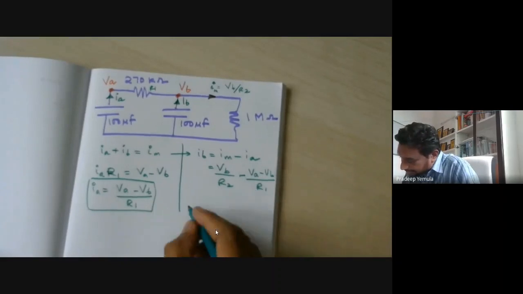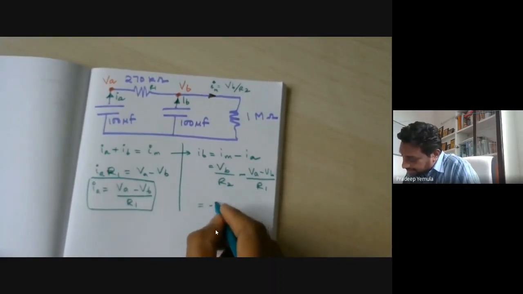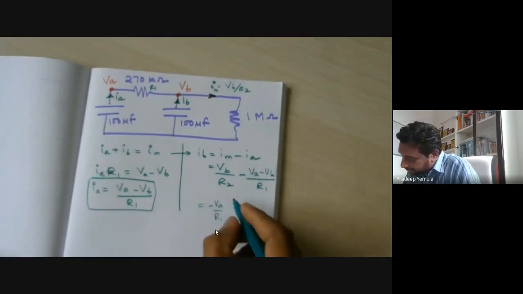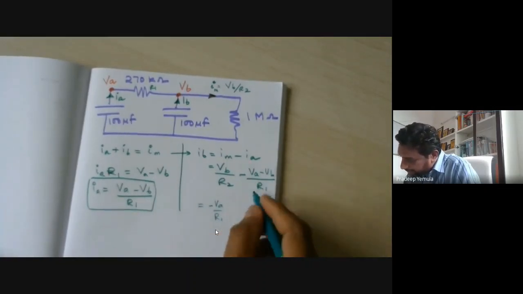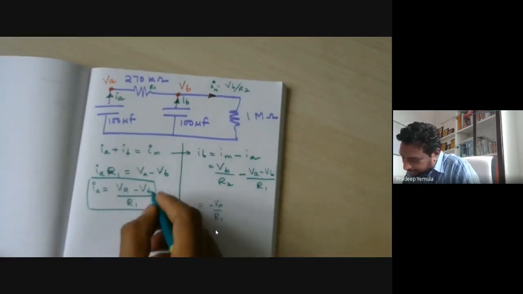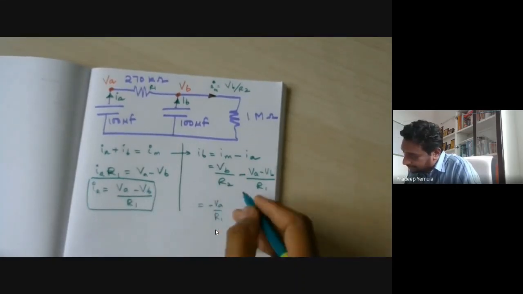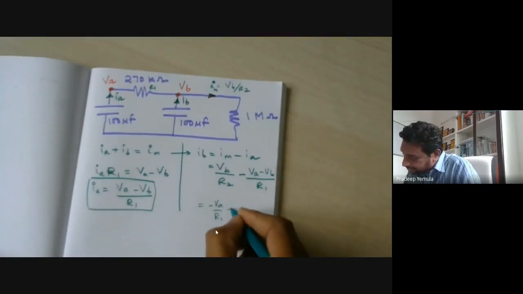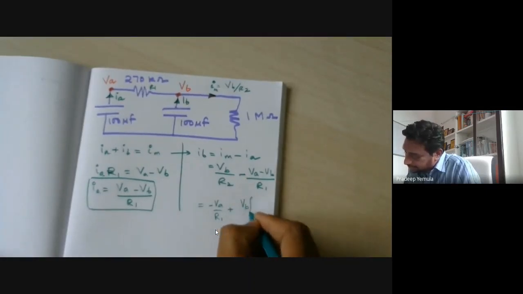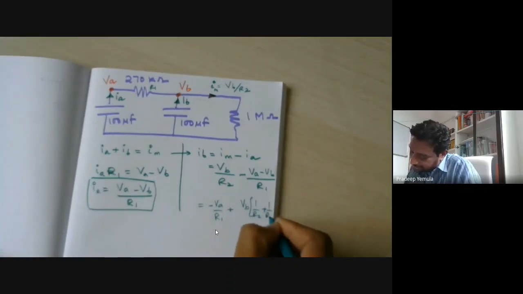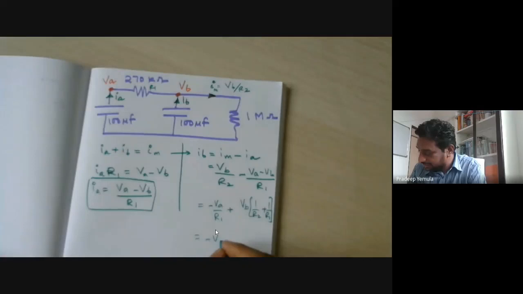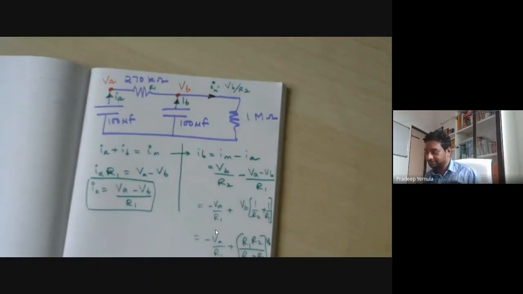If I simplify, it will be something like minus VA by R1, plus VB into (1 by R2 plus 1 by R1). That is, minus VA by R1 plus (R1 plus R2) by R1 R2 into VB. So I found both IA and IB in terms of VA and VB.